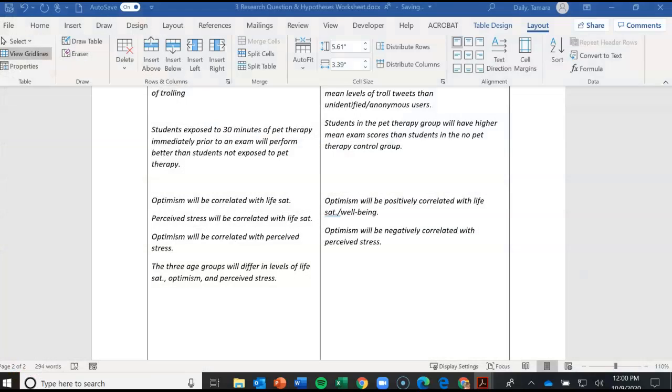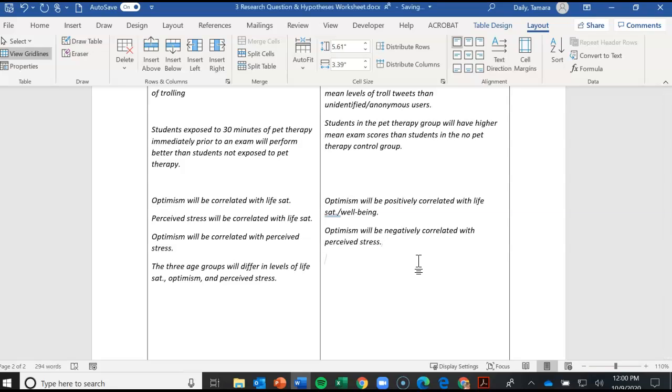I found a number of articles that were related to this, and one thing that was found, Extremera, I don't know how to pronounce that properly, and colleagues found that there was a connection not only between optimism and life satisfaction, but also that optimism tends to buffer the connection between perceived stress and life satisfaction.